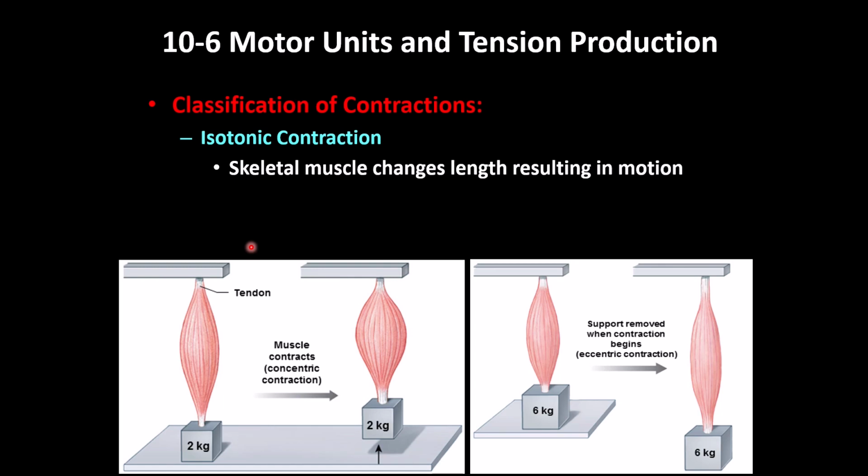For the isotonic contraction, for example, lifting something or walking and things like that, these are examples of isotonic contraction. So in the concentric one, the amount of tension that is produced in the muscle can overcome the load or the weight, and the length of the muscle decreases.